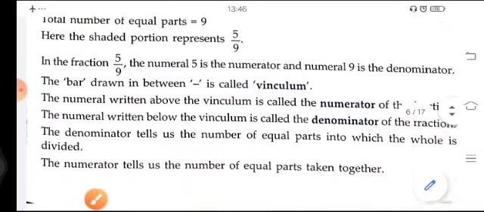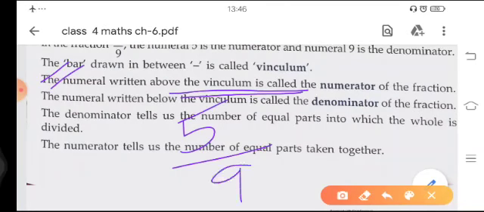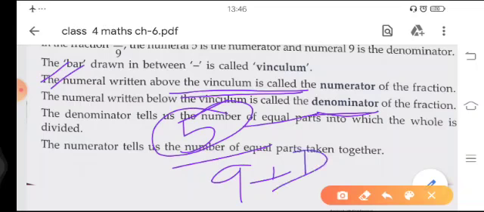Here a definition is also given, that the numeral written above the vinculum. Vinculum is this bar sign, and if you are writing 5 upon 9, then the upper part of the vinculum is 5. So it means that 5 is the numerator and the number written below the vinculum is known as the denominator. So 9 is what? 9 is the denominator.